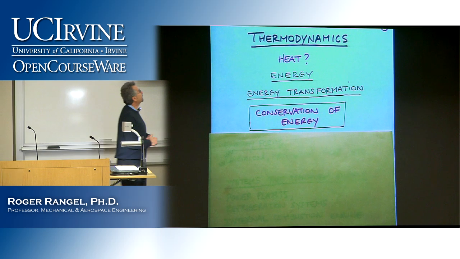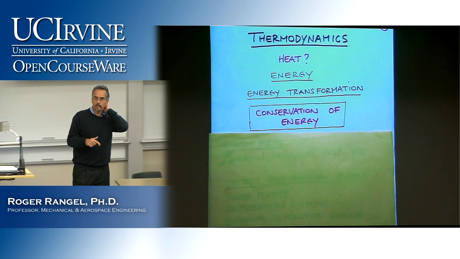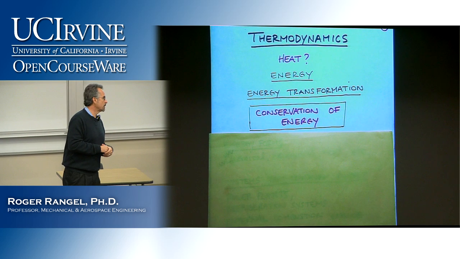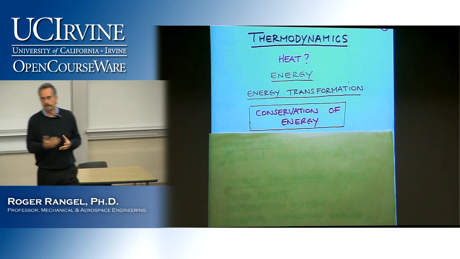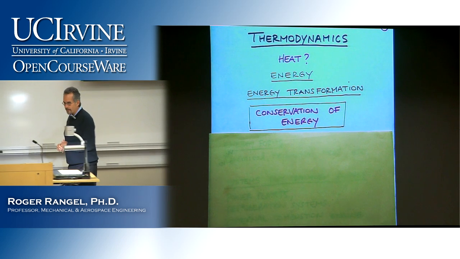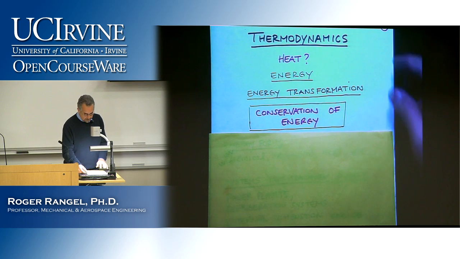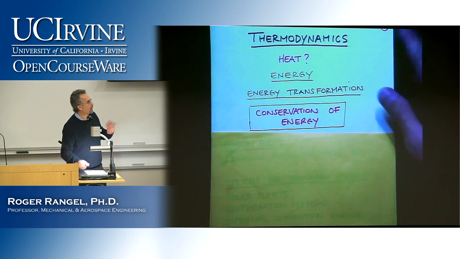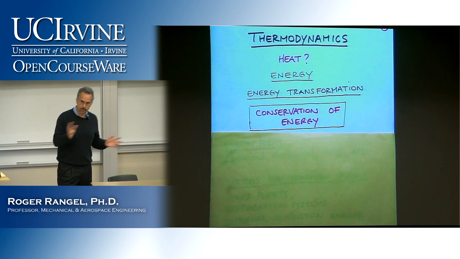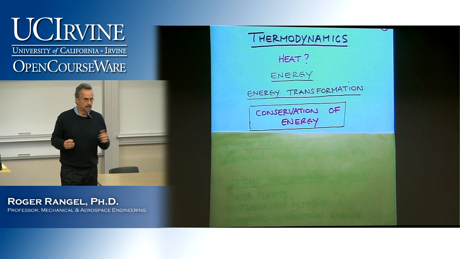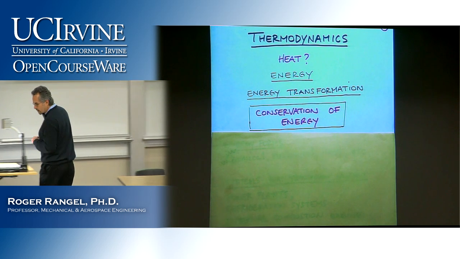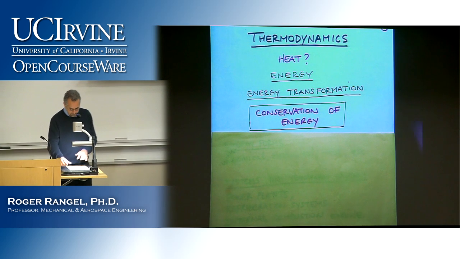One important aspect, of course, of our study of thermodynamics is based on an important conservation law from physics, which is conservation of energy. For us, energy is a quantity that is conserved. We're not talking about any relativistic effects of thermodynamics where energy could be converted to mass and vice versa. For us, energy is a conserved quantity, and so, of course, is mass.